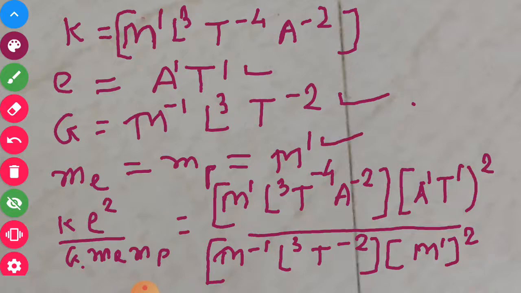Now all these dimensional formulas we just have to put into this equation. So instead of k we can write M¹L³T⁻⁴A⁻², then e square: A¹T¹, but we have to take the square of it.